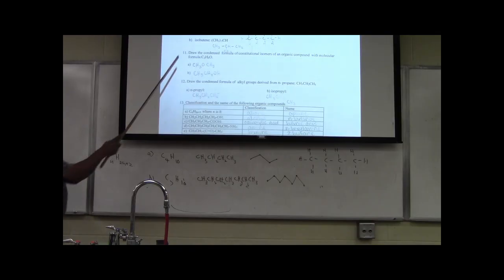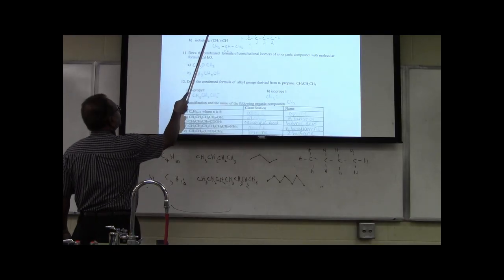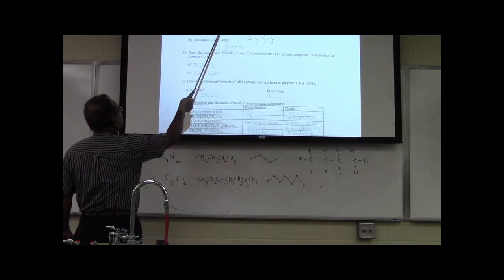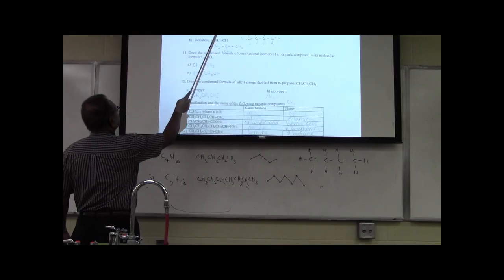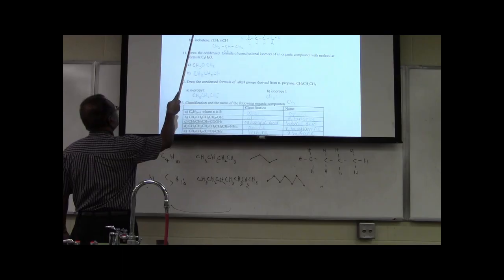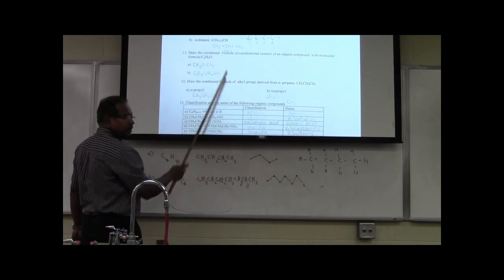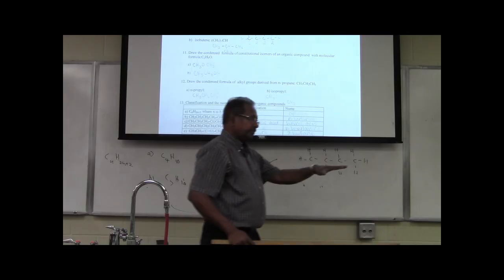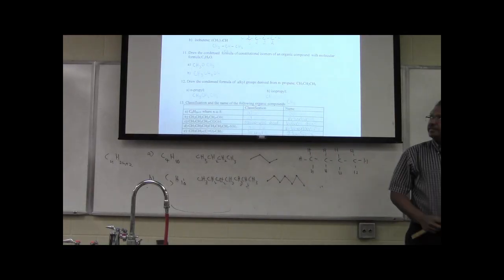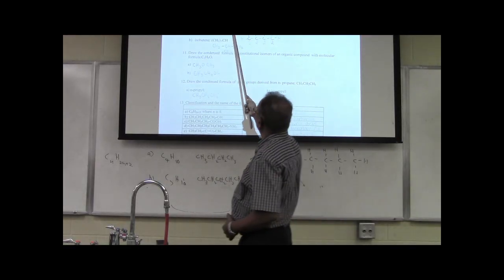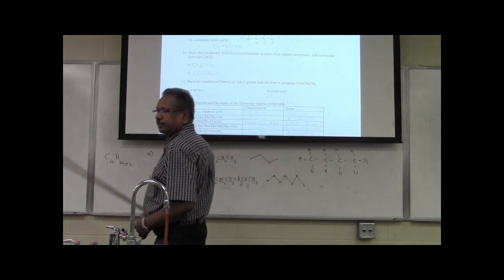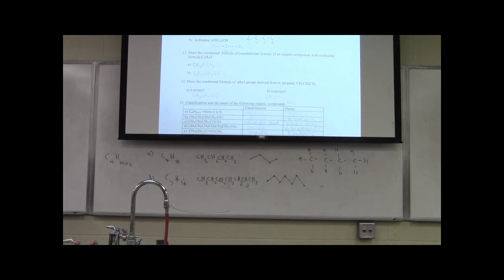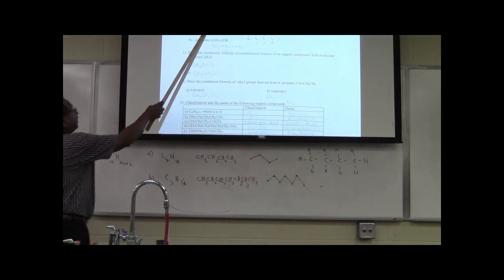Now, in here, there's a branch. You identify the longest chain. 1, 2, 3, 4, 5, 6. Therefore, hexane. But there's a branch at 3. 1, 2, 3. It's called 3-methyl hexane.